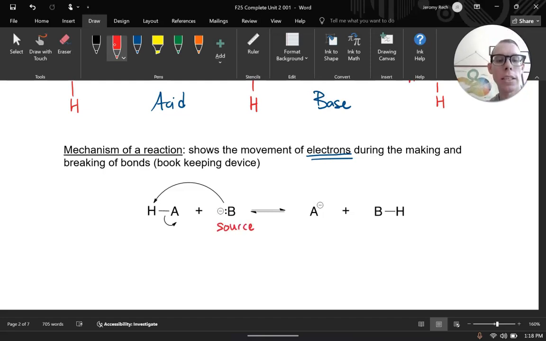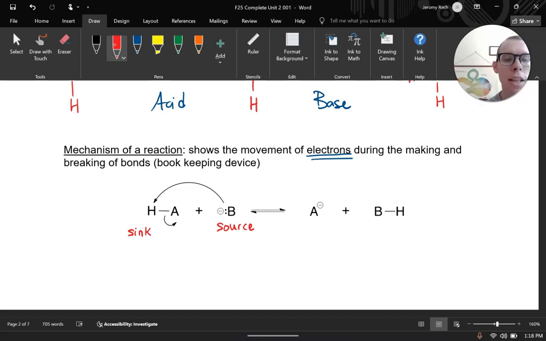So in our acid-base chemistry, the source of our electrons is going to be the base. That base is often going to have a lone pair, often with a negative charge. If you think of a hydroxide ion, HO minus, that's a big tell that we're looking at a base. That's the source, and then the sink is where those arrows go.